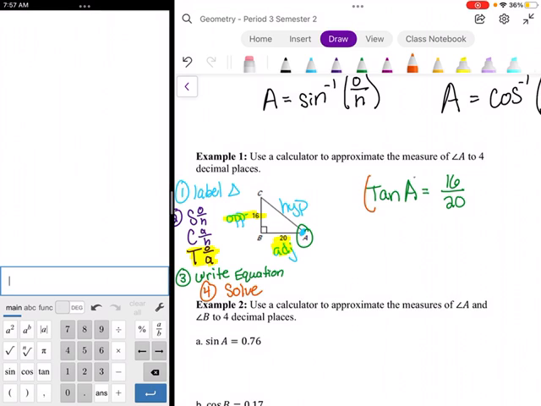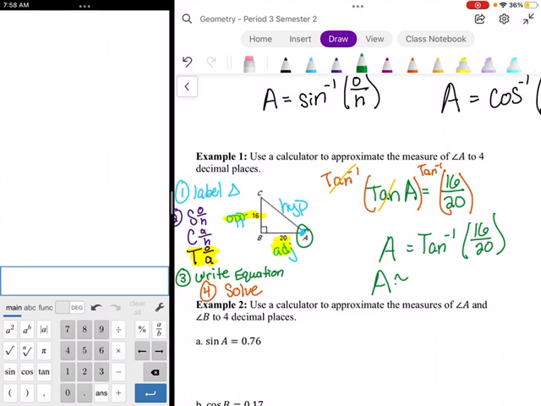So this one, to get angle A, this is when we will take our inverse. And we only do this when we're looking for an angle measurement, not a side length. So when we do that, the inverses simplify with each other, and we're left with angle A equals the inverse tangent of 16 over 20.